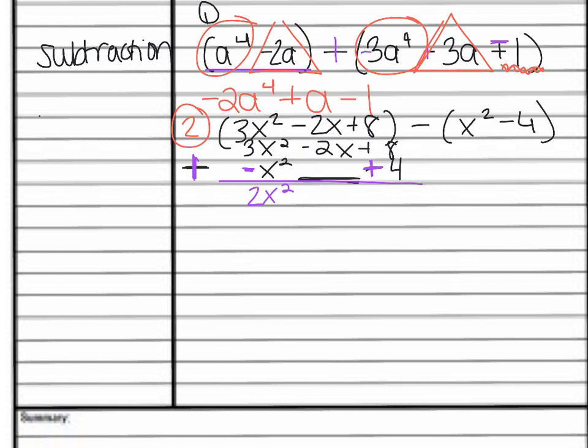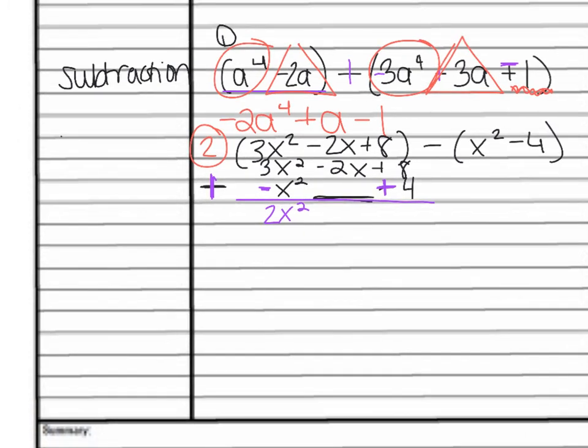Negative 2x plus nothing is negative 2x. And then 8 plus positive 4 is 12. And that is my solution.